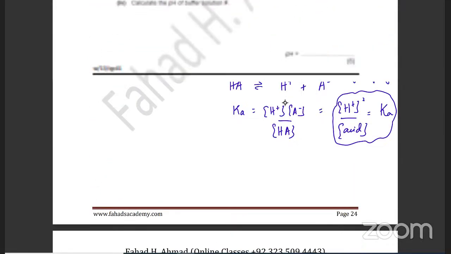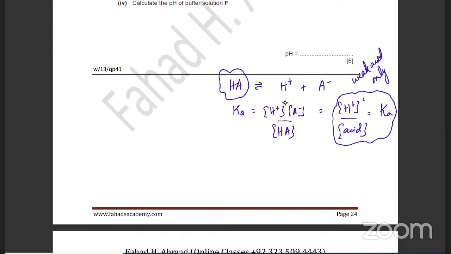Okay, what happens in the buffer is, in the buffer you have an acid, weak acid. So you've got a weak acid, plus you mix a salt of the weak acid. मतलब ये वाला जो ion है ना, you add conjugate base.